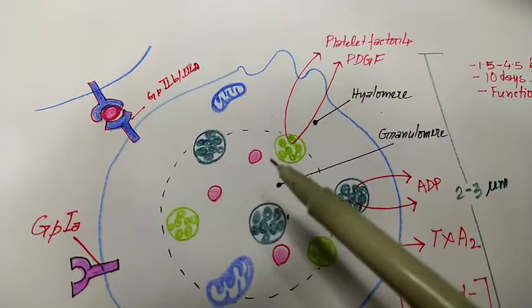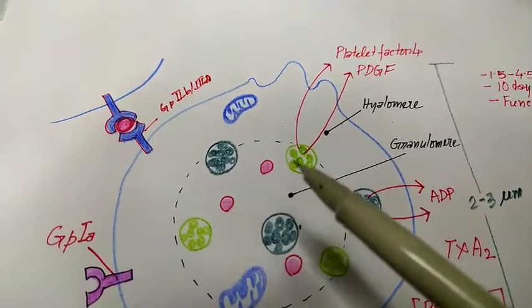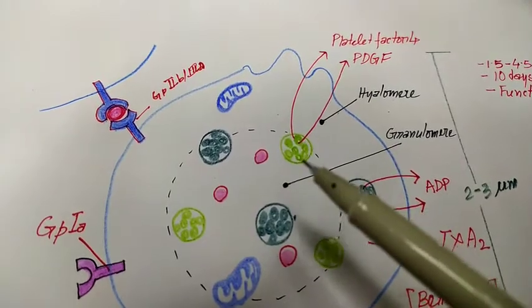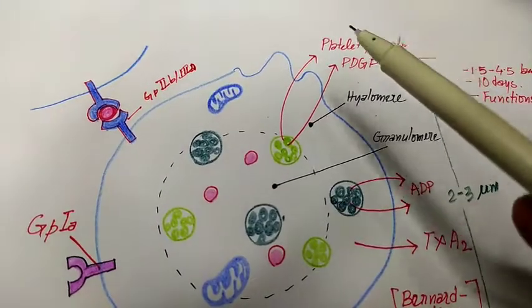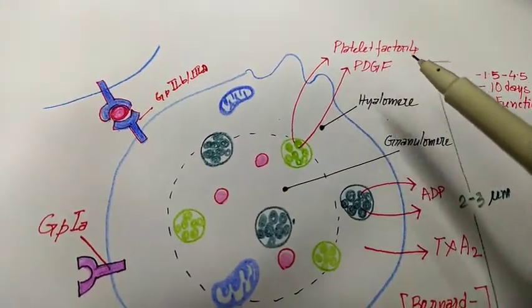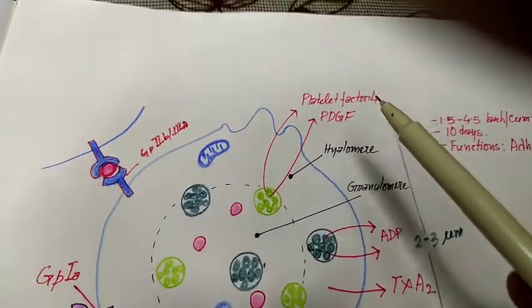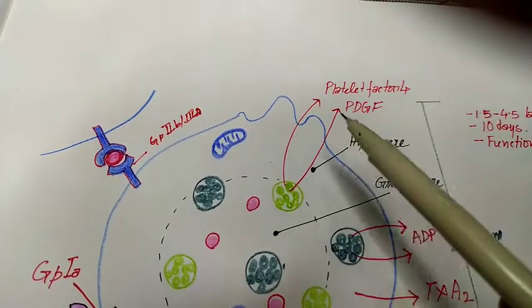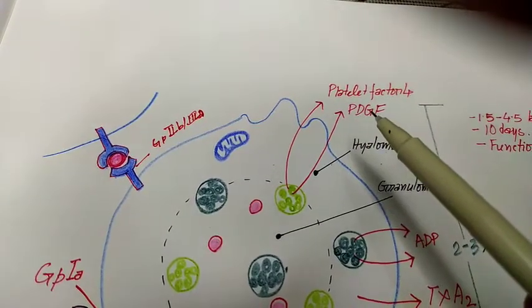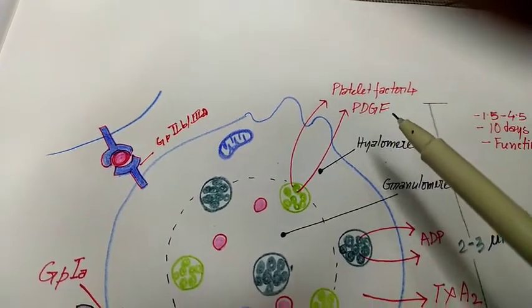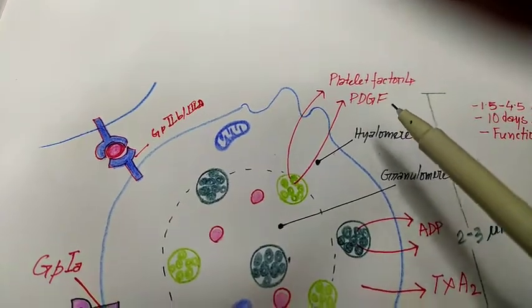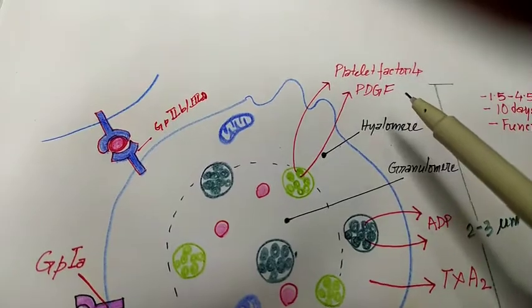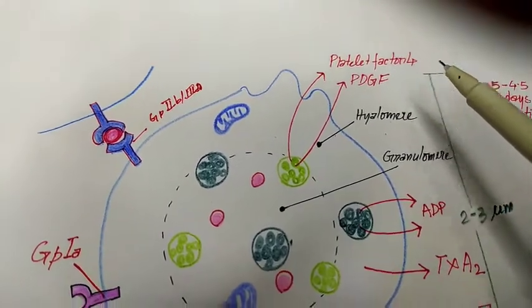Now the light green colored granules are the alpha granules, and they secrete platelet factor 4, which will antagonize the effect of heparin, and there is also secretion of the platelet derived growth factor, and it will be helpful in the process of vasculogenesis along with stimulation of fibroblast generation.